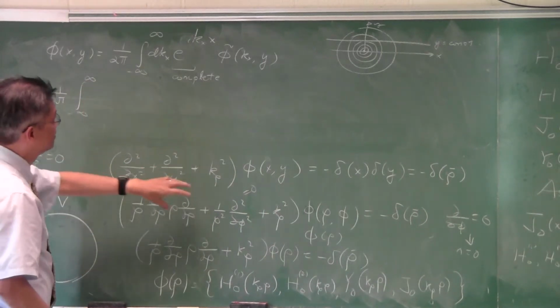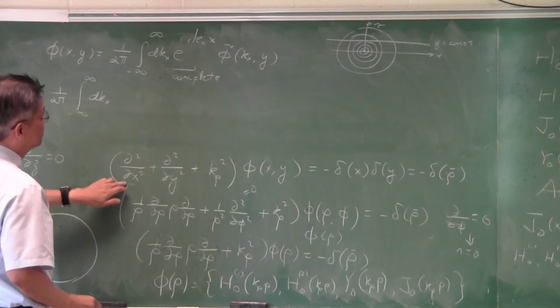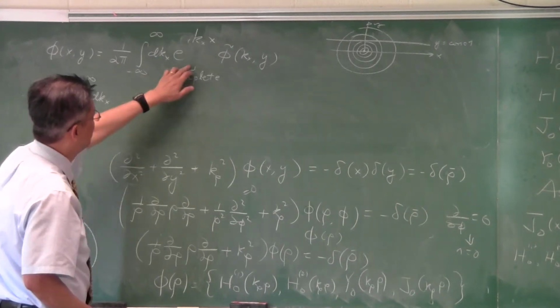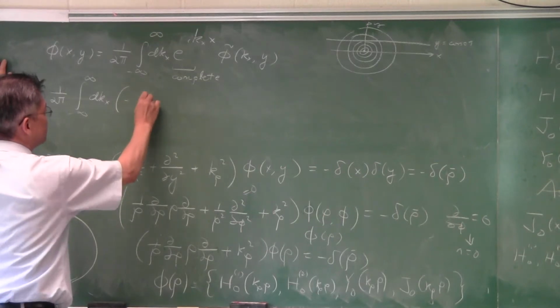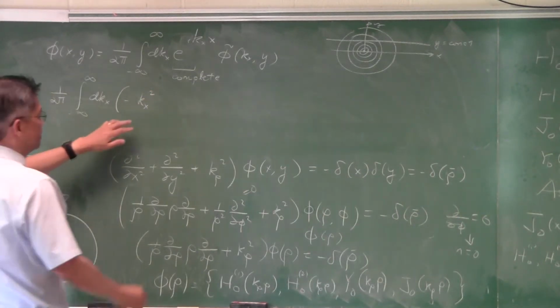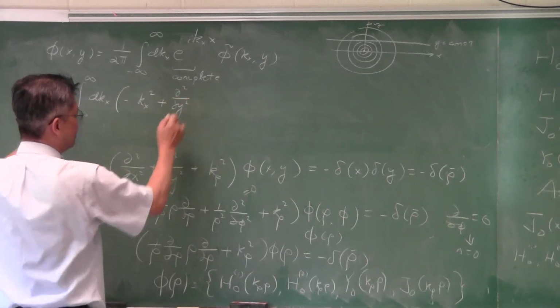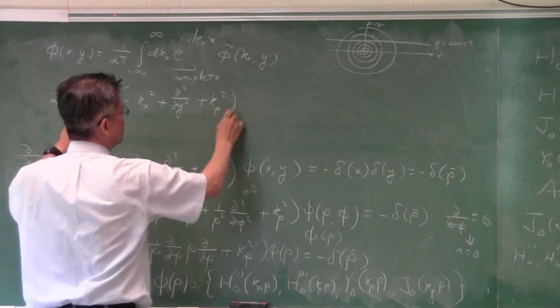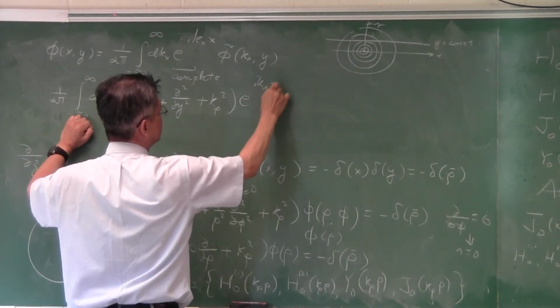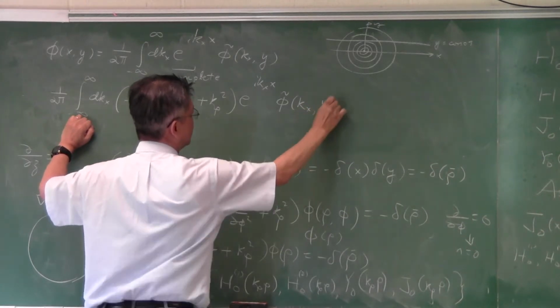I take this inside the integrand, and this partial squared partial x squared operating on this will give me minus kx squared. This one I can write as partial squared partial y squared, and then I can have k rho squared, phi tilde kx y.